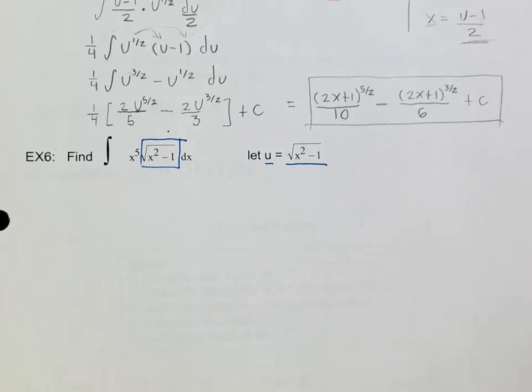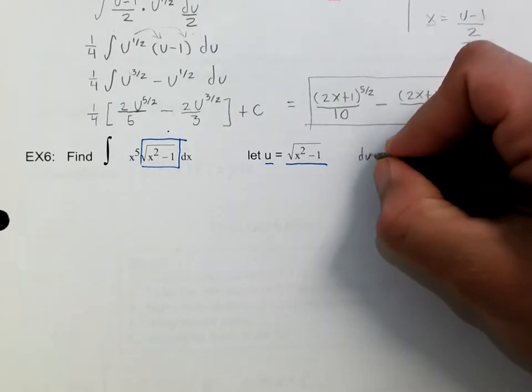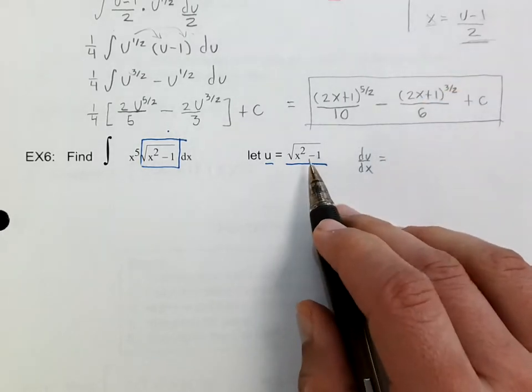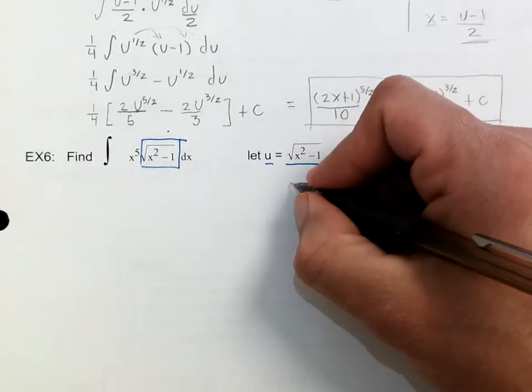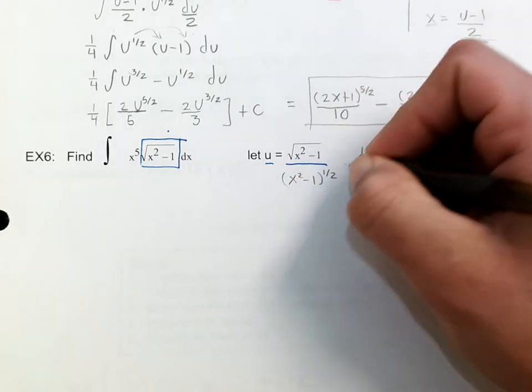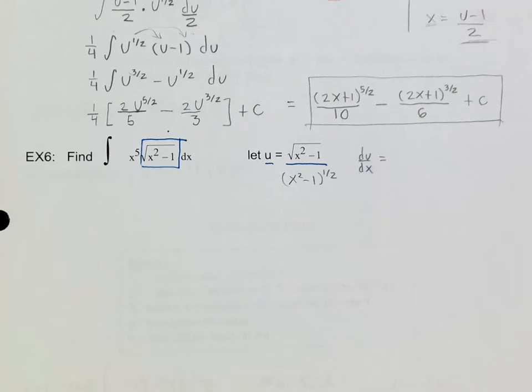So now let's see what we get for du dx. Du dx means that I have to take the derivative of this. Now remember, if I rewrite this like this, hopefully you'll recognize that this is a chain rule. You have to pull in all the stuff that you know by now. So I'm going to use the chain rule.